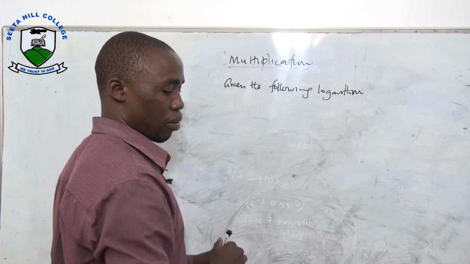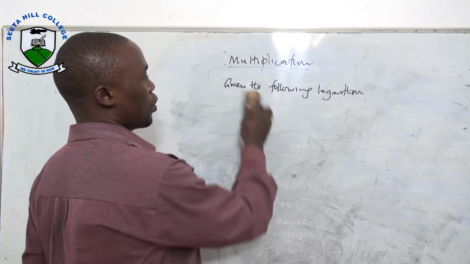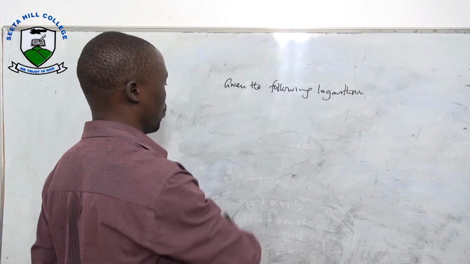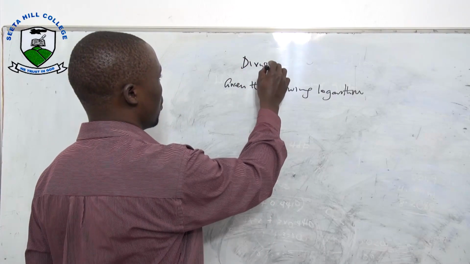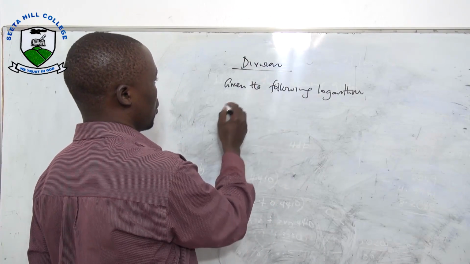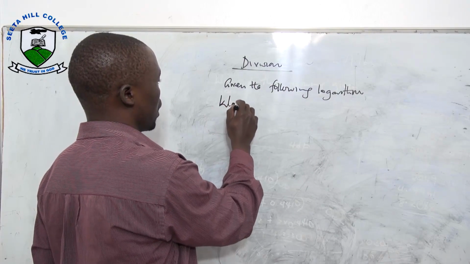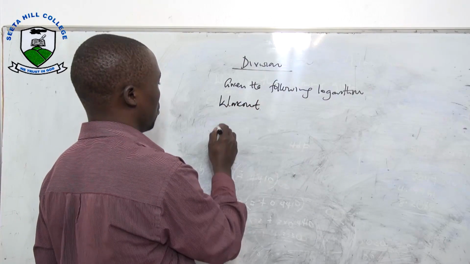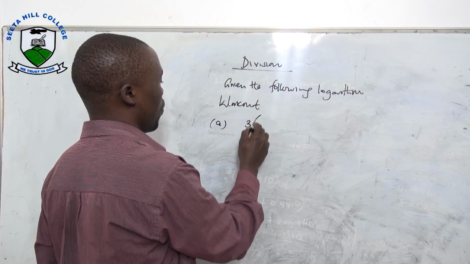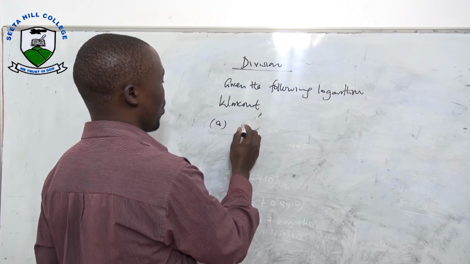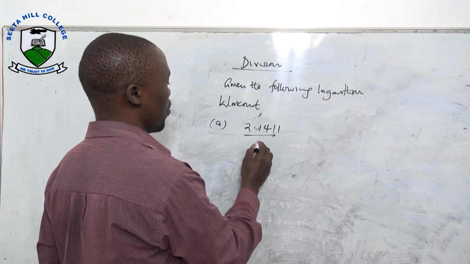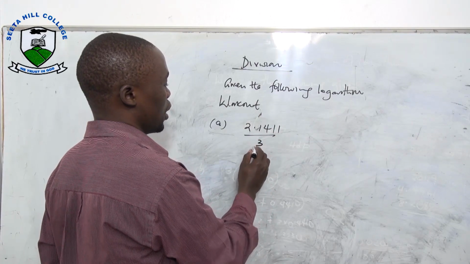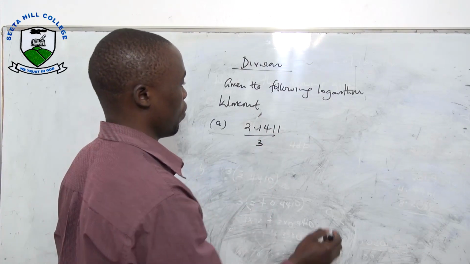Now we are looking at what? Division here. Following logarithms, work out. So 2.1441 divided by 3.